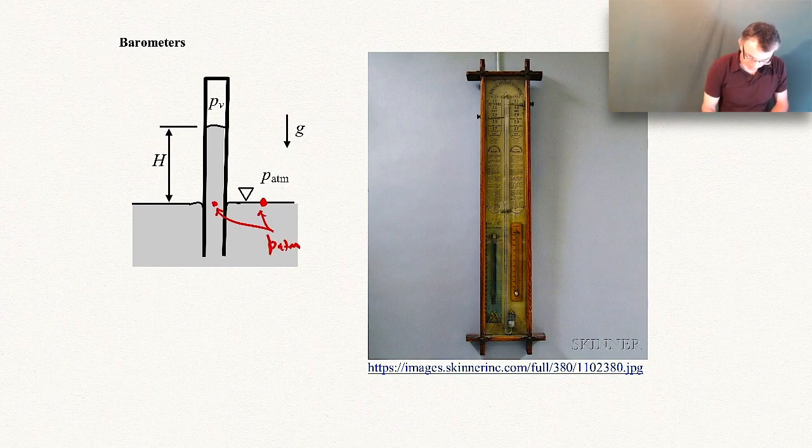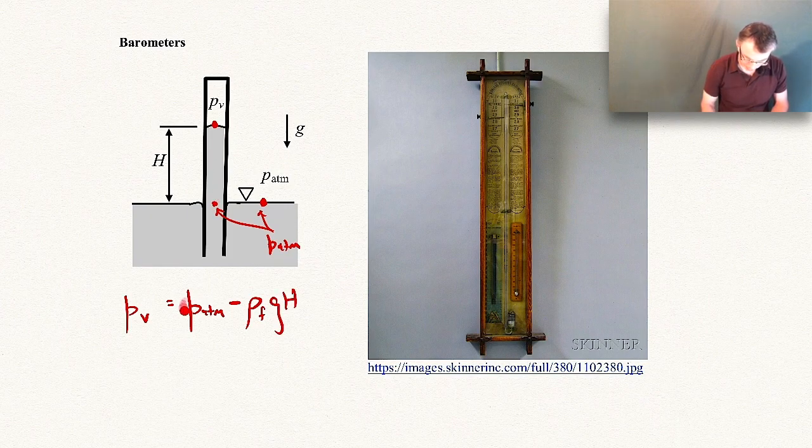And so what I want to do is find the pressure right at the top. The pressure at the top, of course, is going to be vapor pressure. And so what I'll do is I'll start at this pressure, P atmosphere, and then subtract out the weight of the working fluid as I move from this point up to that point.